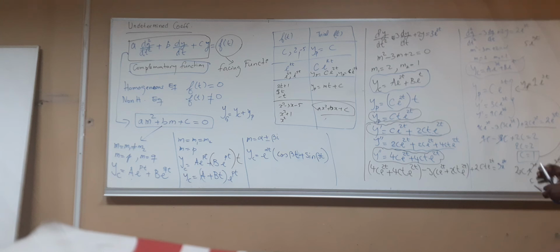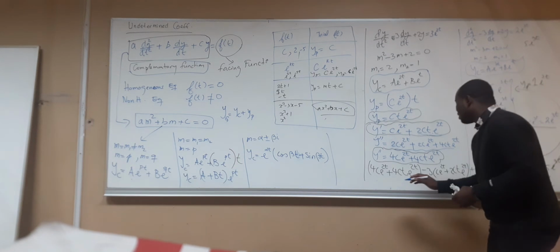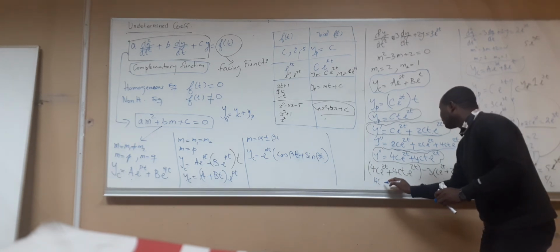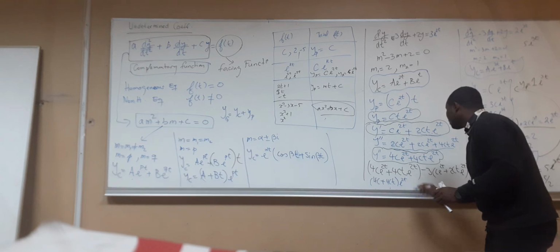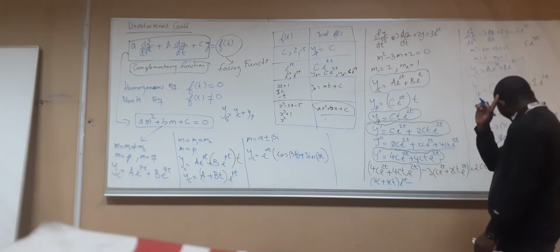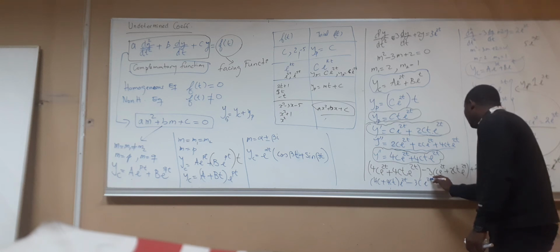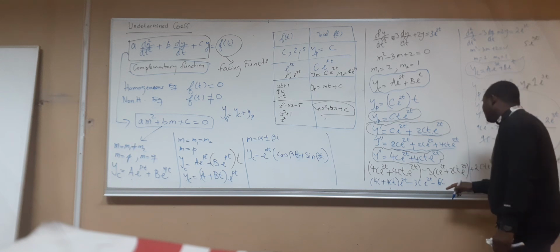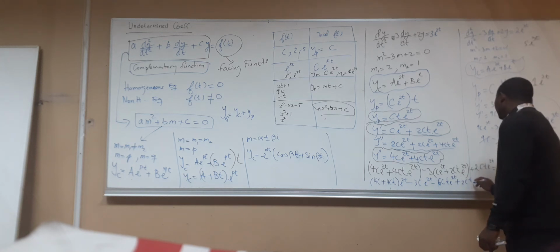So in this case, I'm going to have 4c plus 4ct, bracket, e to the power 2t, minus 3c e to the power 2t, minus 2, it's going to be now 6, do not make that mistake, 6 minus 6ct e to the power 2t plus 2ct e to the power 2t equal to 3 e to the power 2t.